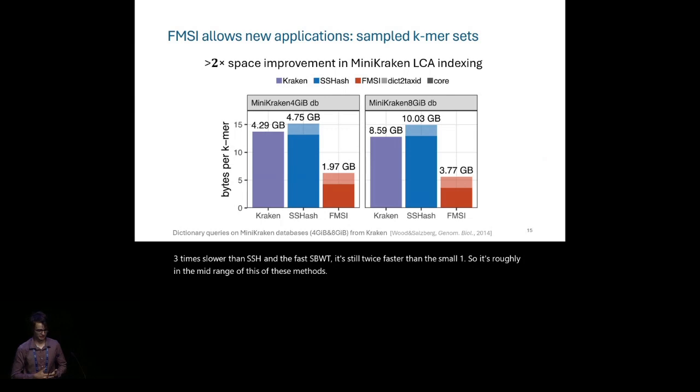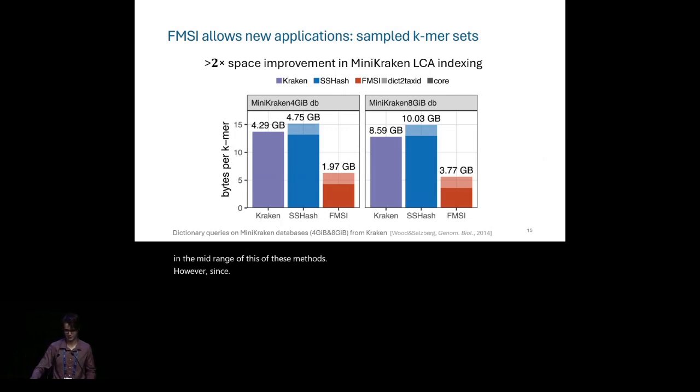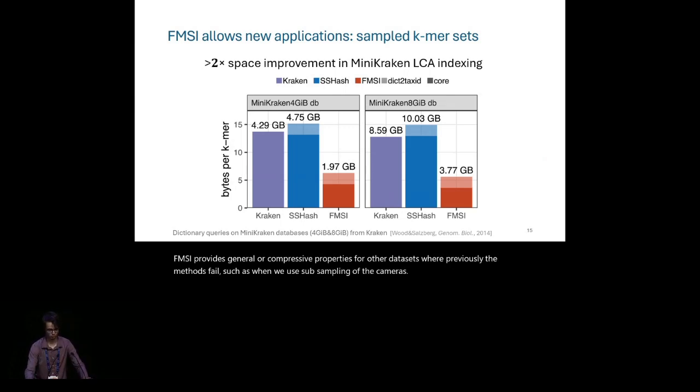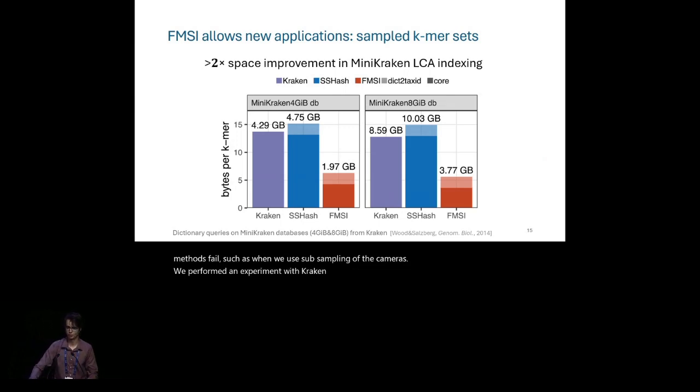However, since FMSI provides general compressive properties for other data sets where previously the methods fail, such as when we use subsampling of the k-mers, we performed an experiment with Kraken indexing on the MiniKraken database where the k-mers are subsampled.